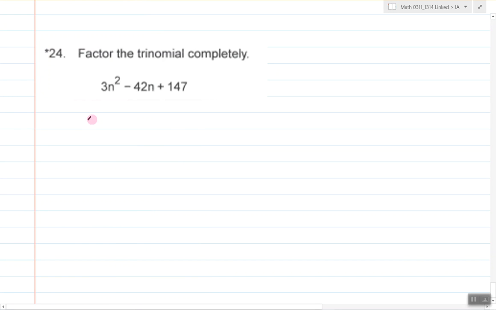So common factor, GCF. You never know when the GCF will pop in there, of 3. Divide by 3, divide by 3, divide by 3. That gives me n squared minus, all right, 3 goes in there 14 times, so that's 14n, plus, I think we said 49.